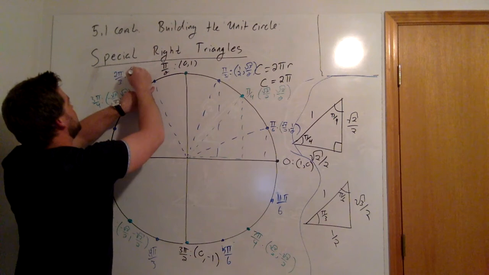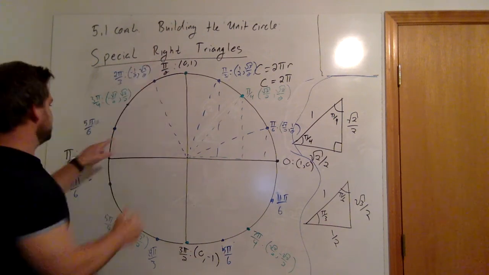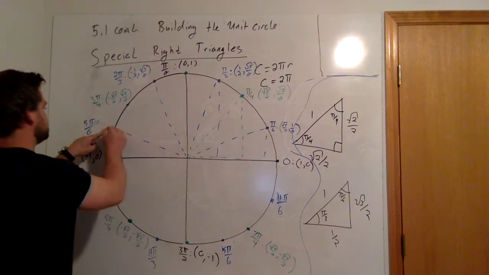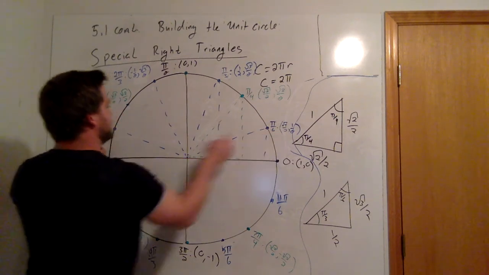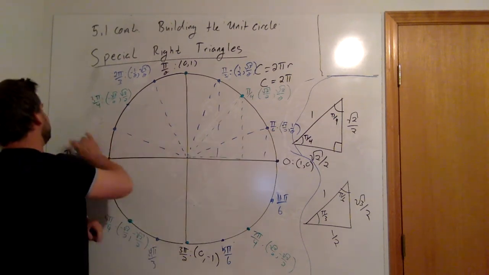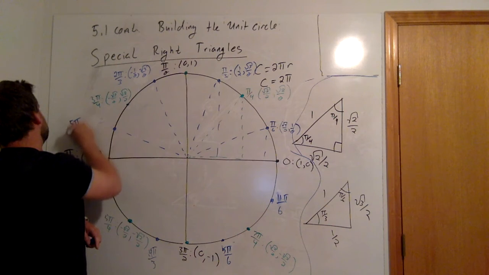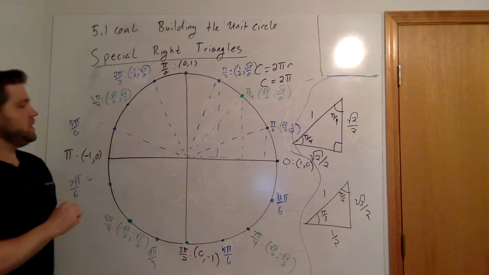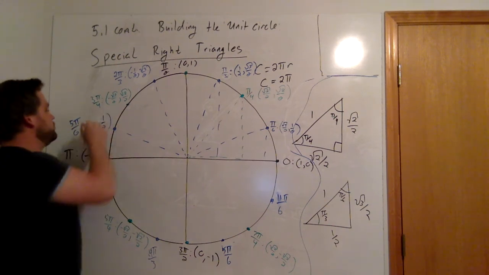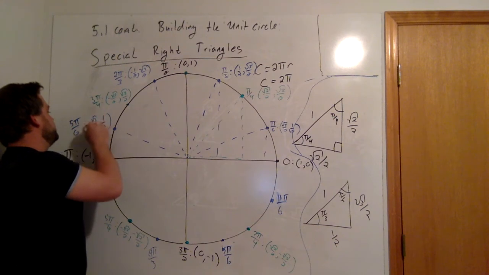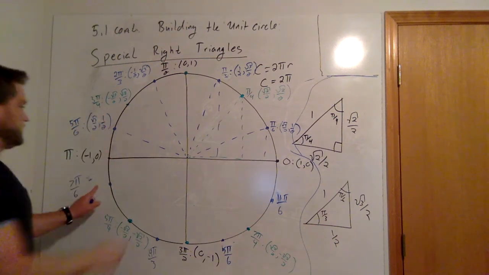So this will be -1/2 and √3/2 for right here. Let's see, for 5 pi over 6, it'll have the same y coordinate, but the x coordinate will be negative. The y coordinate will still be 1/2, and its x coordinate will be -√3/2 for here.